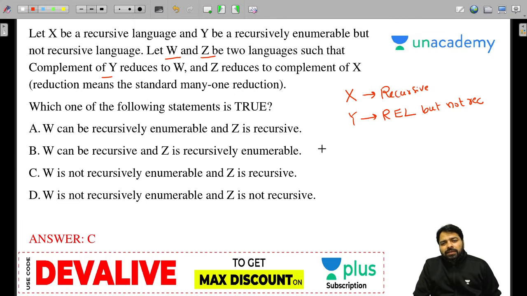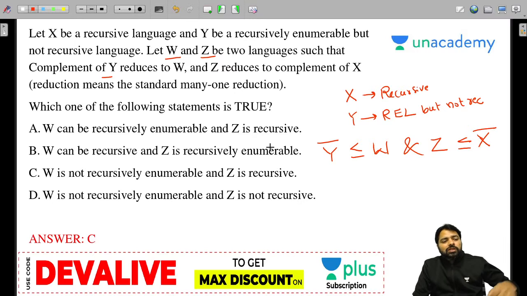Complement of Y, they have given, is reducible to W, and Z is reducible to complement of X. Now we need to conclude which of the following statements is true.